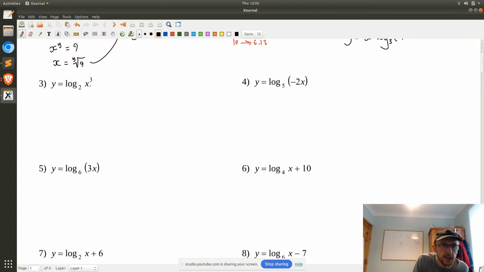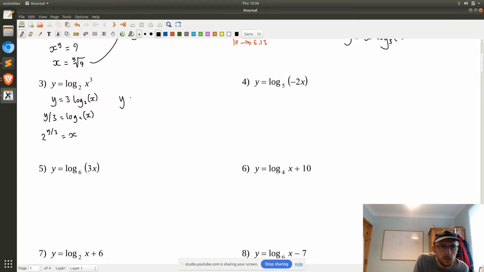Okay, so I need to make x the isolated variable. So I might do that. And then this. And then 2 to the both sides. Like that.